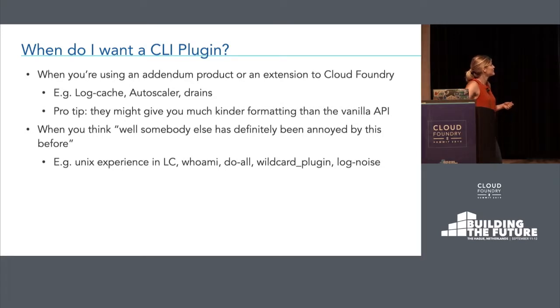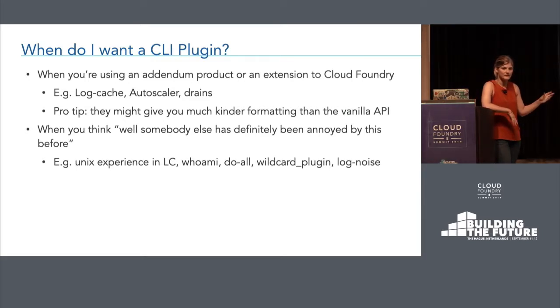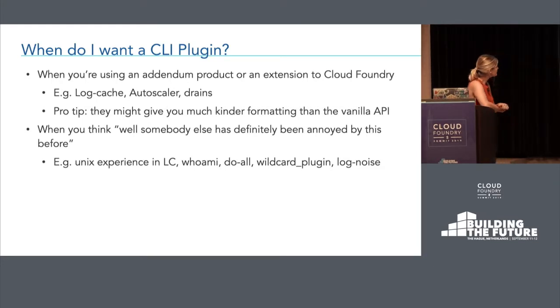So examples of this might be log cache or metric registrar, which takes some of your app metrics and puts them back into the logging stream. Any kind of syslog drain functionality that you might want from your service that you stood up.